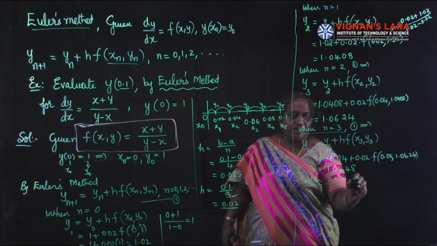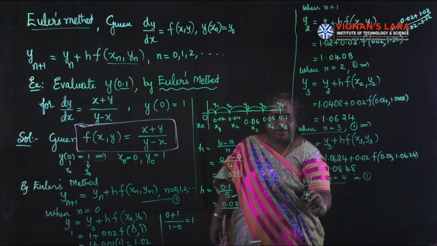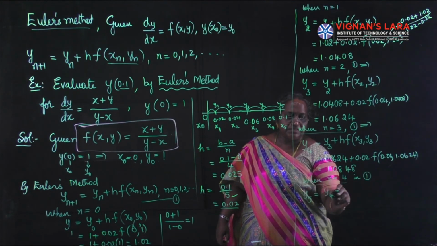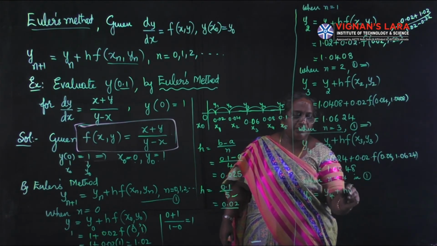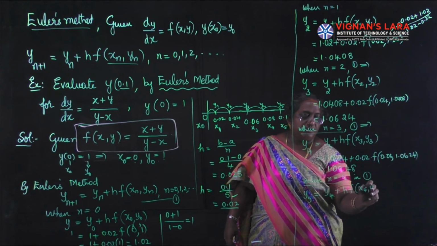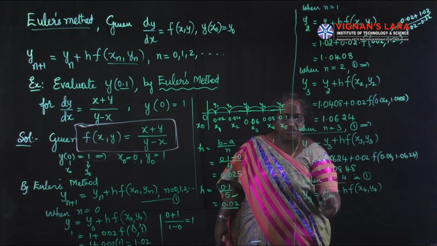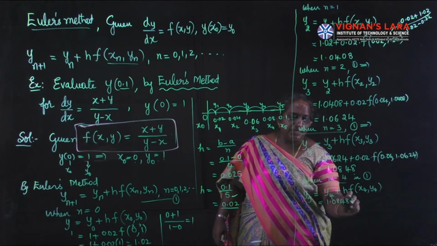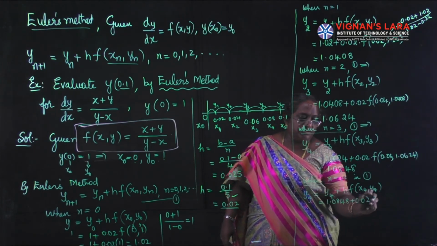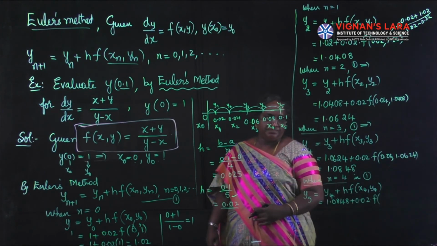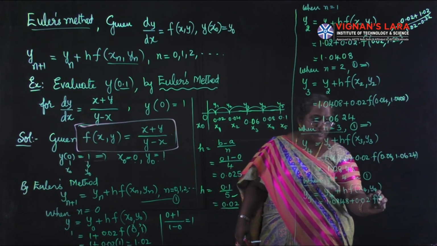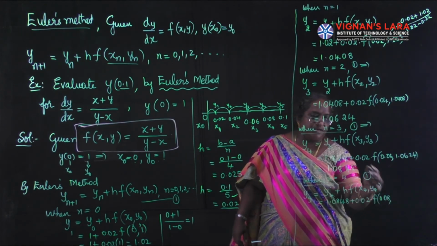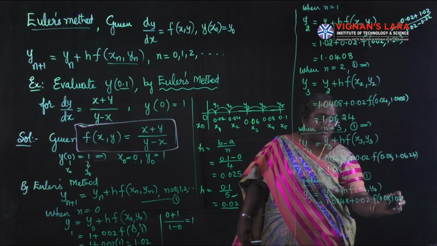Next, when n is equal to 4, in 1, so we get y5 is equal to y4 plus h into f of x4 comma y4. So what is y4? 1.0848, plus 0.02 into f of x4. x4 is 0.08 comma y4, we got just now 1.0848.